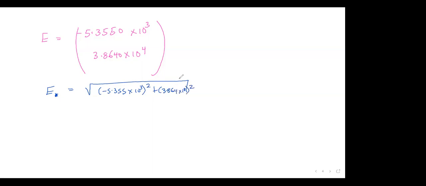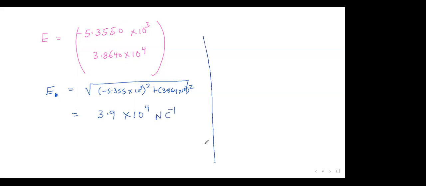I don't know what we are getting. Joseph is saying he's getting 3.9 exponent 4. Good. So this will be 3.9 exponent 4 Newton per coulomb.